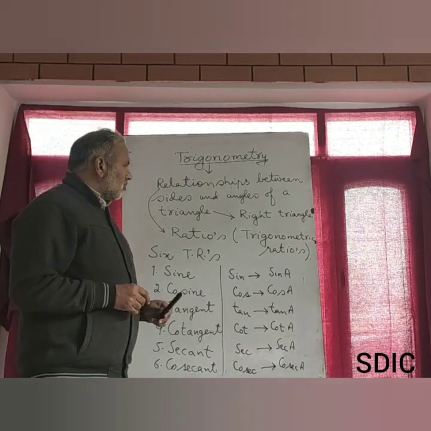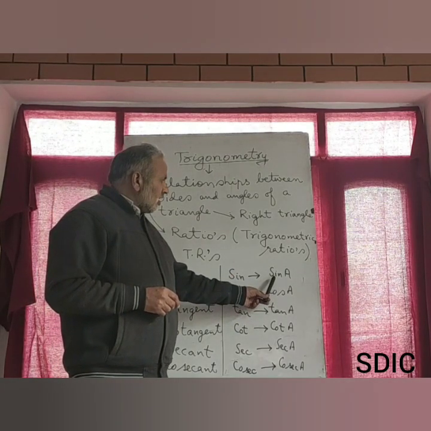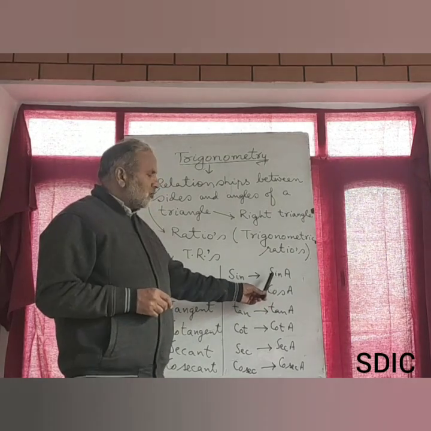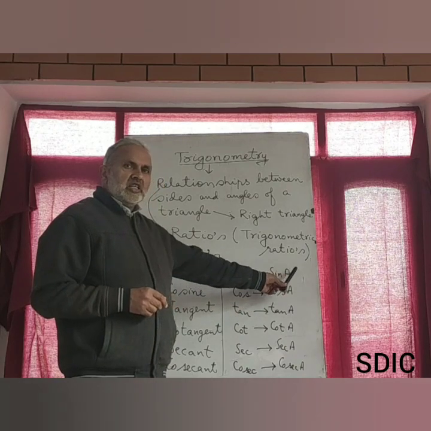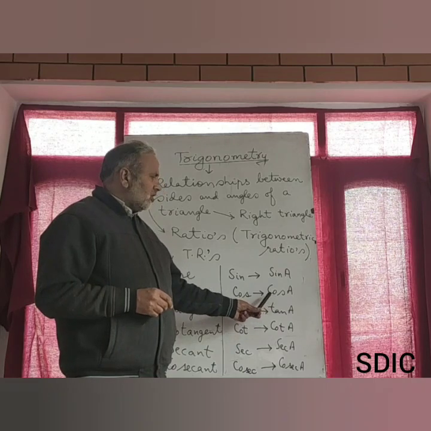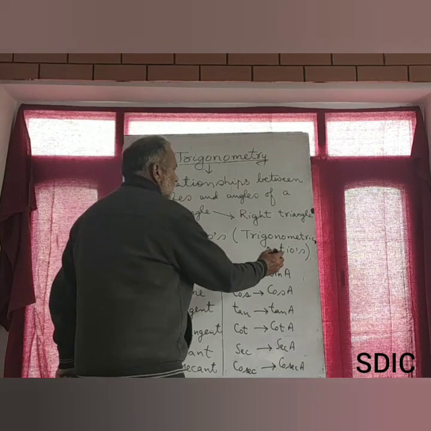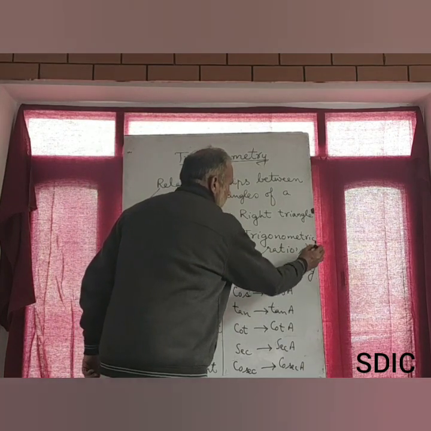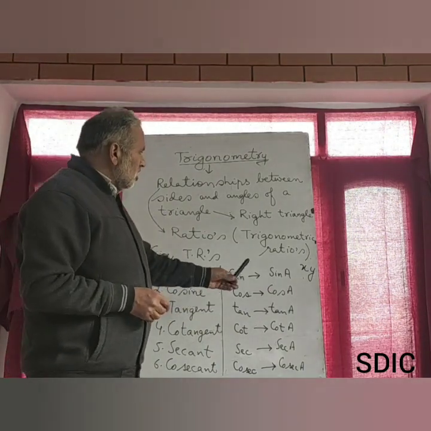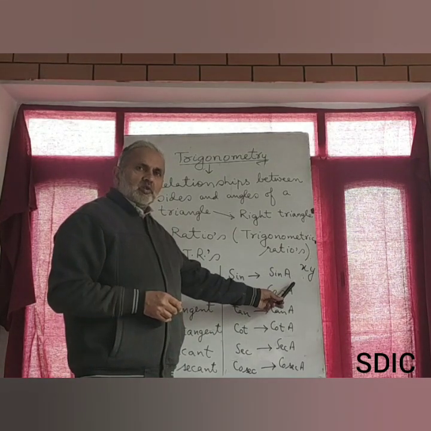Well, remember, when we write sine A, this, unlike algebraic expressions, does not mean the product of S, I, N, and A. Or cos A does not mean the product of C, O, S, and A. Like in algebra, we write XY, it means the product of X and Y. In trigonometry, this does not mean the product of the alphabets involved.